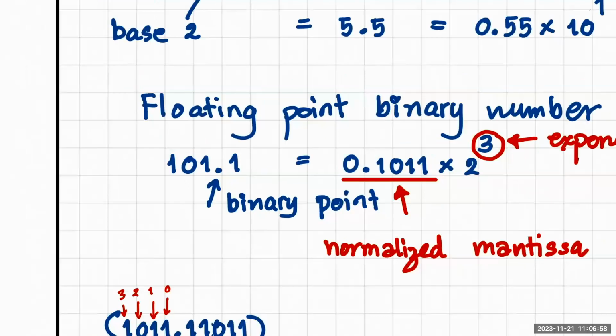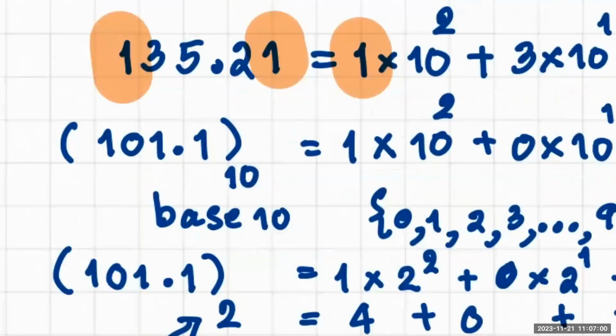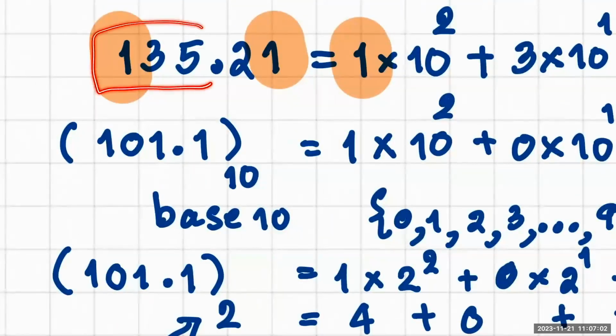In base 10, if we want to write the integer part in terms of base 2, we think about what multiples of 2 add together, like 2 to the first, 2 to the second, 2 to the third, and so on.